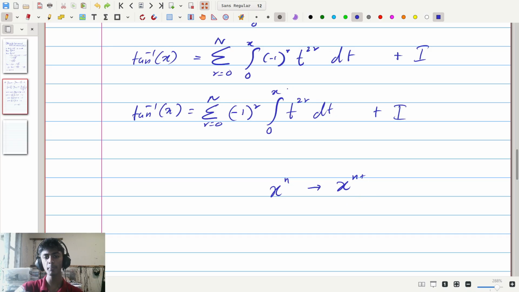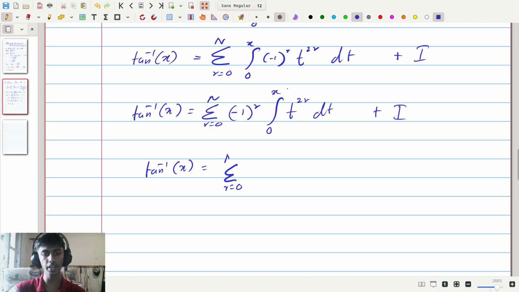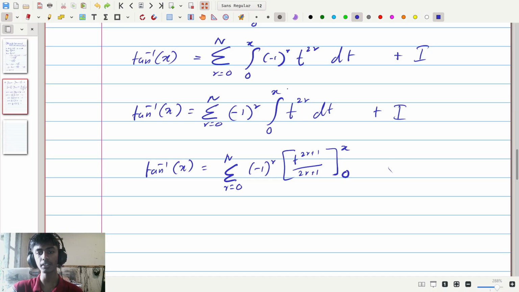So then, applying this principle to here, we can see that tan inverse of x is going to be equal to the sum from r equals 0 up to n of negative 1 to the power of r times, and on the inside, t to the 2r is going to turn into t to the 2r plus 1 divided by 2r plus 1, and the limits of integration here are 0 and x, so we have to evaluate this from 0 to x, and to that we need to add the integral I.